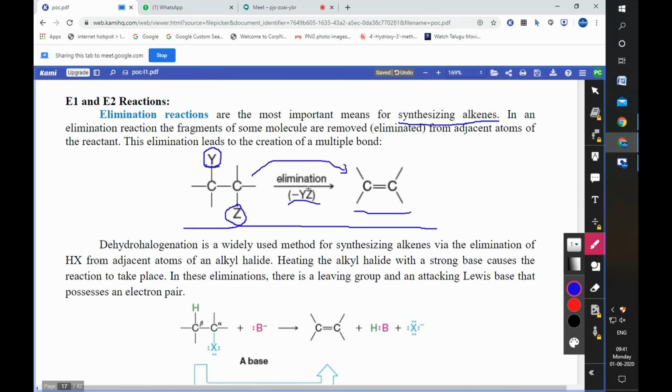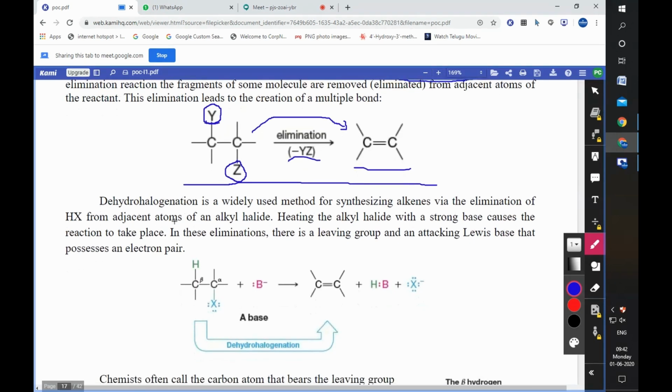So this is the elimination reaction. Elimination reaction is a reaction in which fragments from two adjacent carbon atoms in a substrate get lost to give a multiple bond compound or an alkene. This is known as elimination reaction.